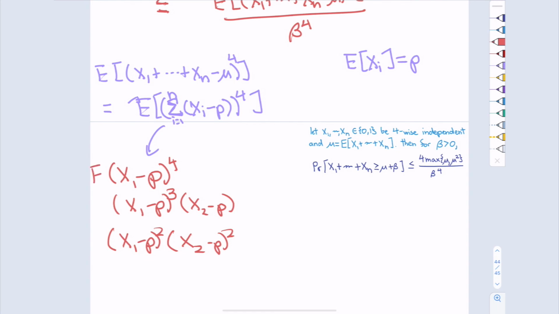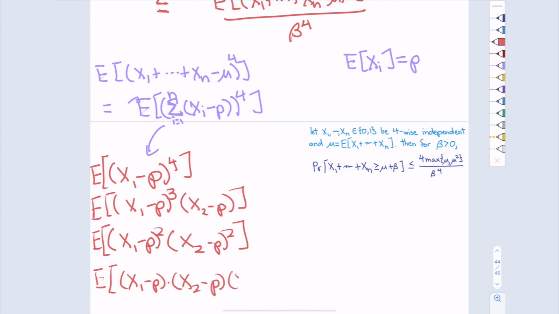And you would apply linearity of expectation to all of these things. Another one might be x1 minus p times x2 minus p, x3 minus p, x4 minus p. So you expand out this polynomial and you get all these terms. This is now where 4-wise independence comes in: for each of these expectations over different x's, I can break them up.